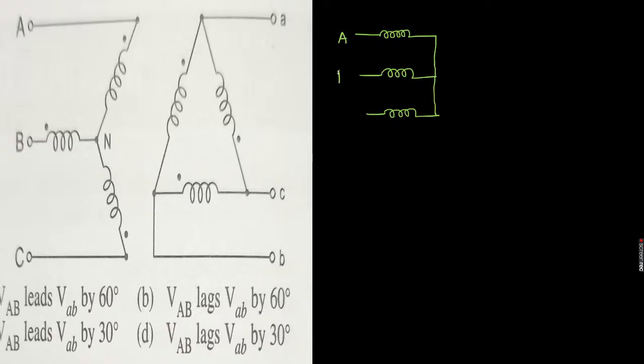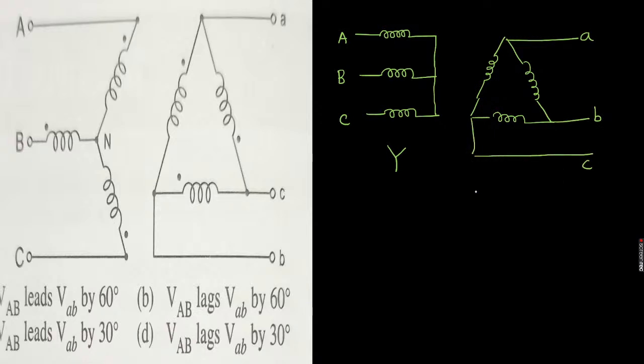They are taking A, B, C, so this is a star connected network. Secondary is delta connection, where they are also considering A, B, C. So what was given is star delta.